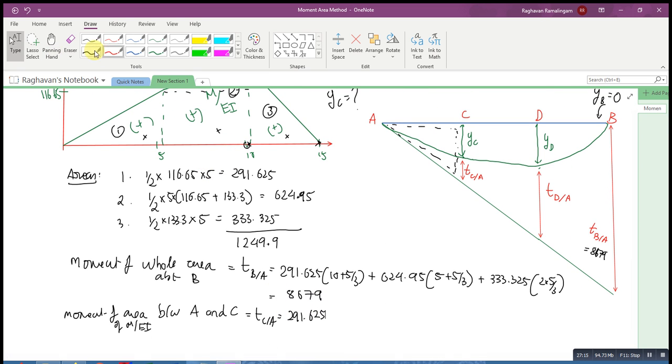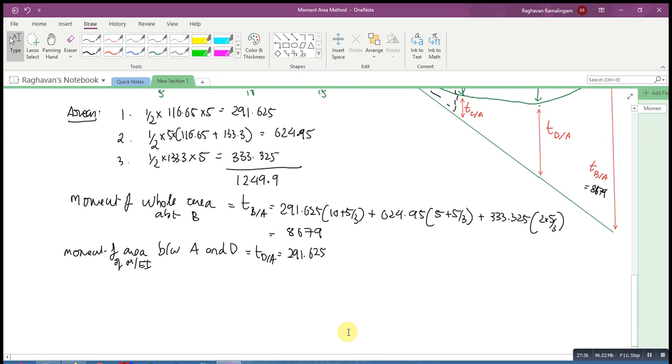So this is point D, and I'm finding TDA. So this whole area times the distance from point D to the centroid, plus this whole area times point D to the centroid.